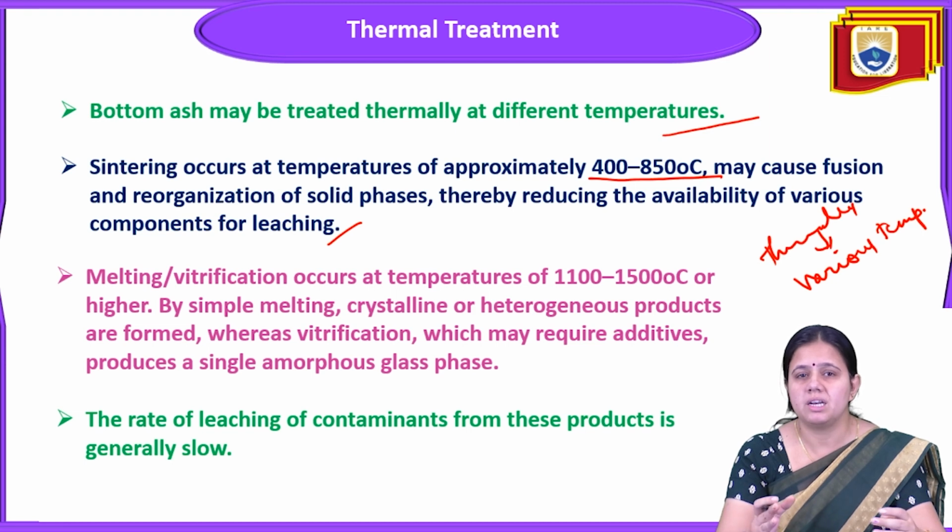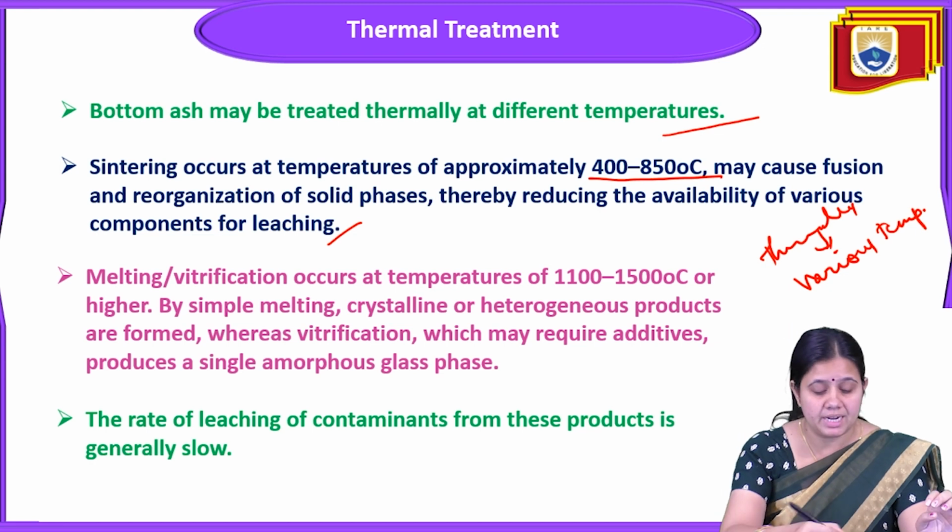So the toxic metals cannot be leached out into the environment, because sintering at approximately 400 to 850 degrees Celsius causes fusion and reorganization of solid phases, which reduces the availability of various components for leaching.